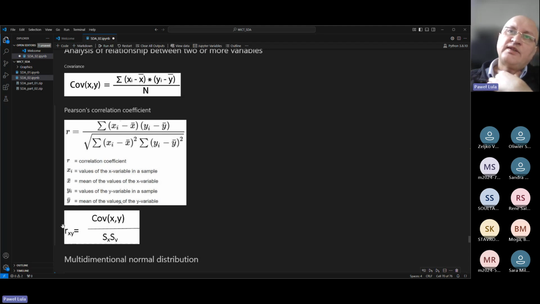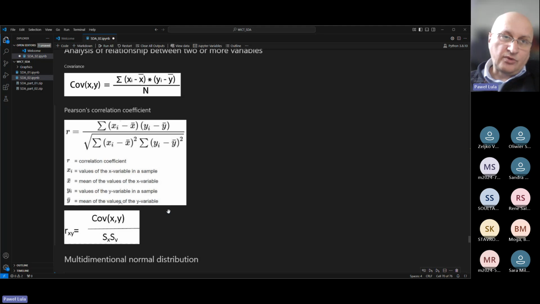Therefore, it is called Pearson's correlation coefficient, and it is the most popular measure of relationships between two variables. Values of this measure are always in the range from -1 to +1. High values, very close to +1, inform us about strong positive correlation.